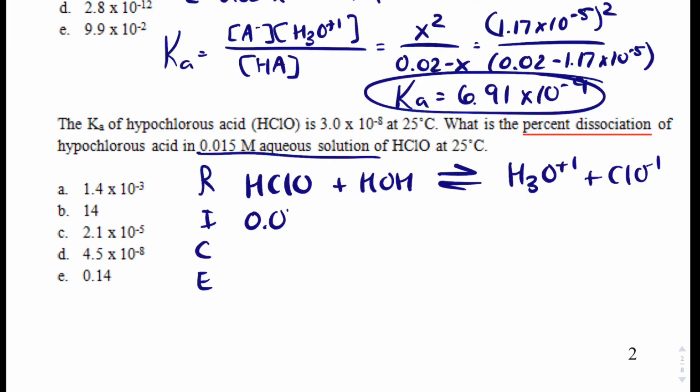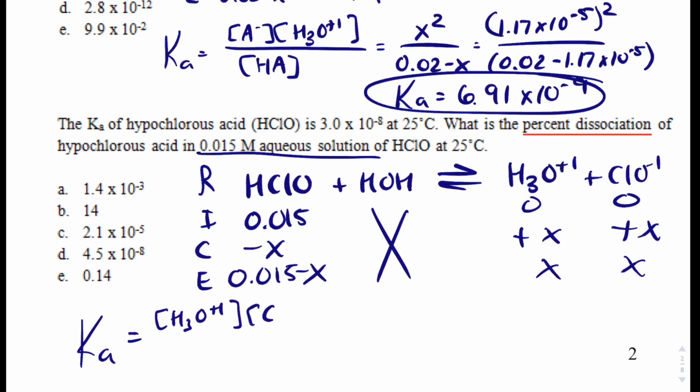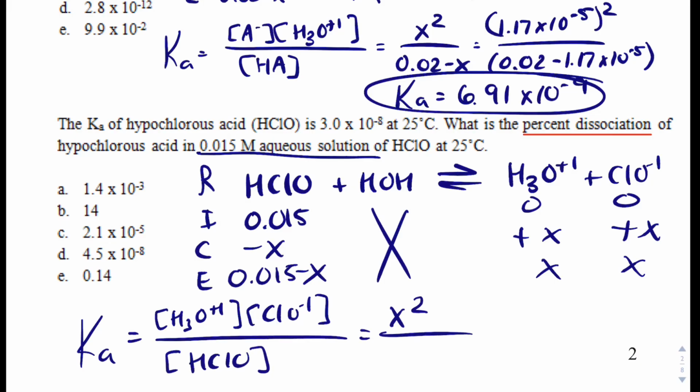We've got 0.015 molar of our acid, 0 minus x, plus x, plus x, 0.015 minus x, x, and x. So Ka is going to end up being [H3O plus][ClO minus] divided by [HClO], which equals x squared divided by 0.015 minus x.